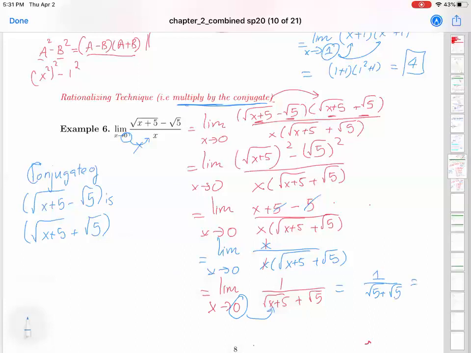Because x is 0, so it's just going to be 1 over 2 square root of 5, which is your answer. So I just illustrated an example of how we can use the rationalizing technique to find the limits of functions when there are radical terms involved.